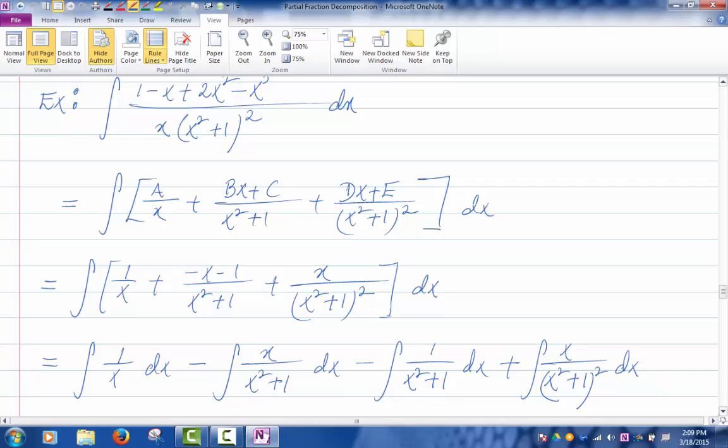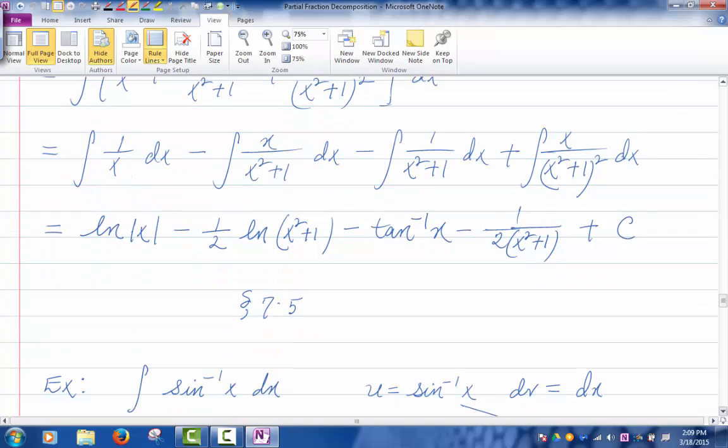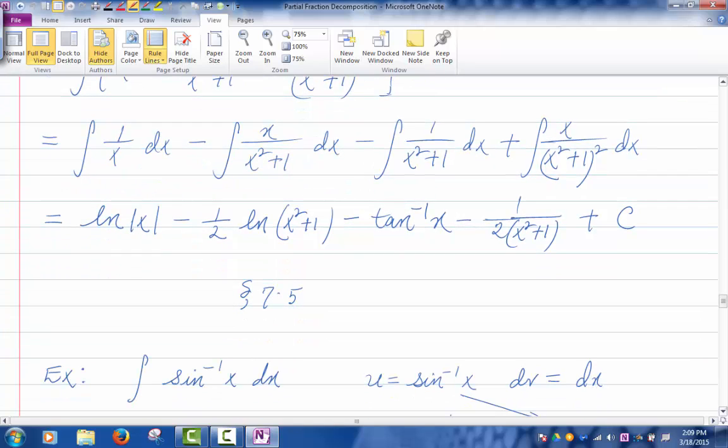Negative 1 over u, right? 1 over u squared, not just u. So we're going to get ln of absolute x minus half ln of x squared plus 1 minus tangent inverse of x minus 1 over 2(x squared plus 1) plus C.